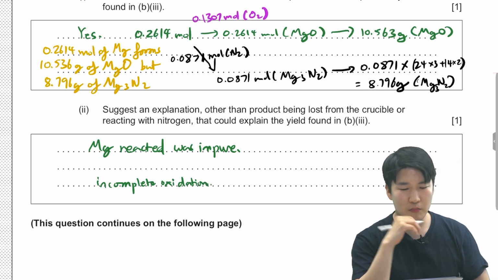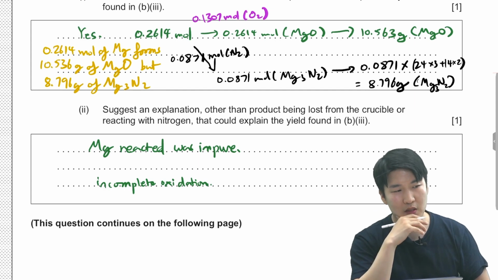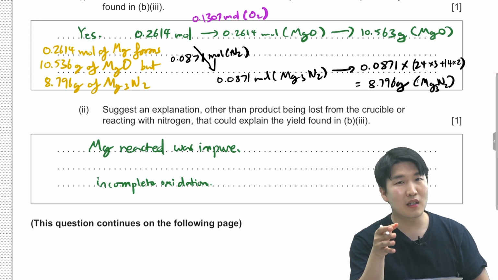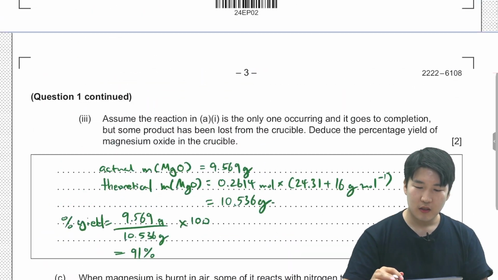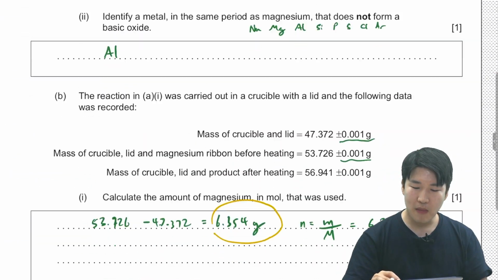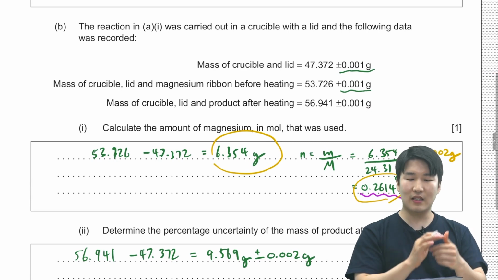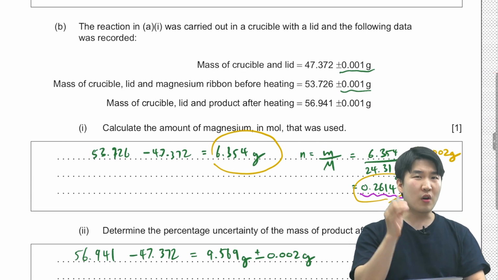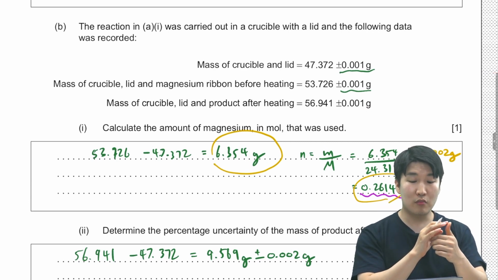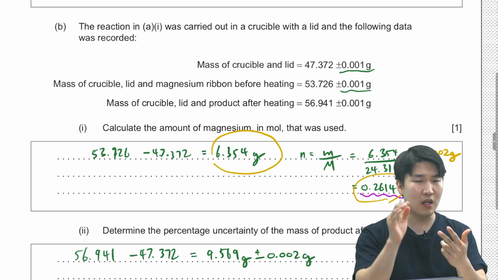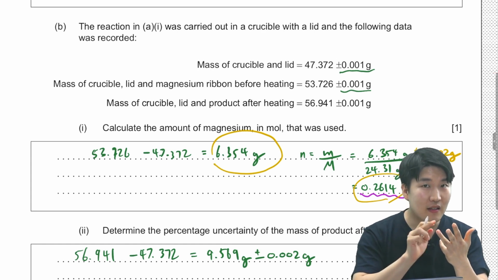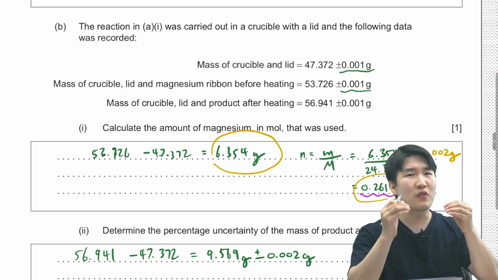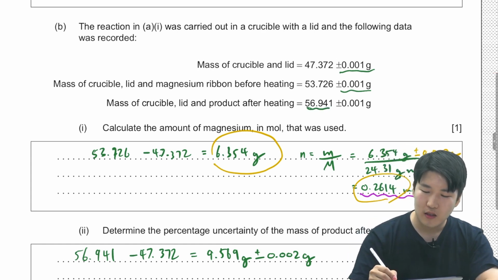And what does incomplete oxidation mean? Well, that means that there's still magnesium remaining in the sample. So when we measured the product mass, the mass of crucible, lid, and product after heating wasn't actually the mass of crucible, lid, and product, but the mass of crucible, lid, product, and magnesium, which would obviously be lower than the expected value.